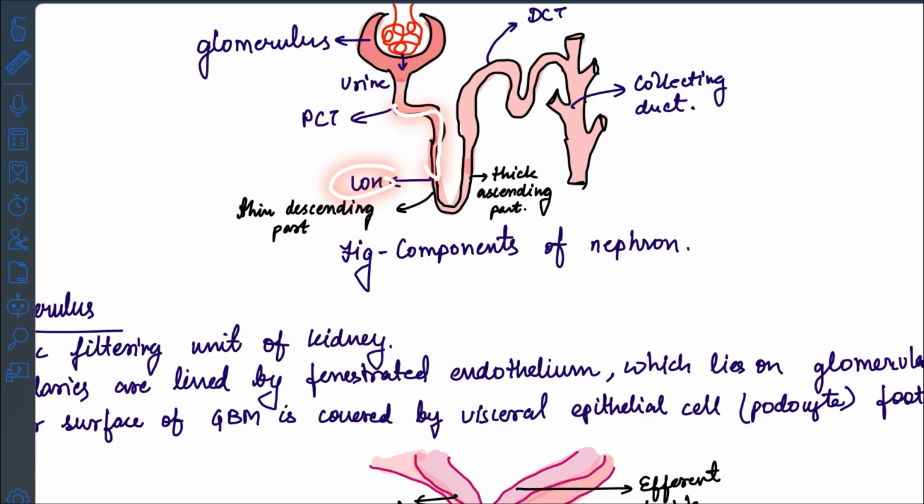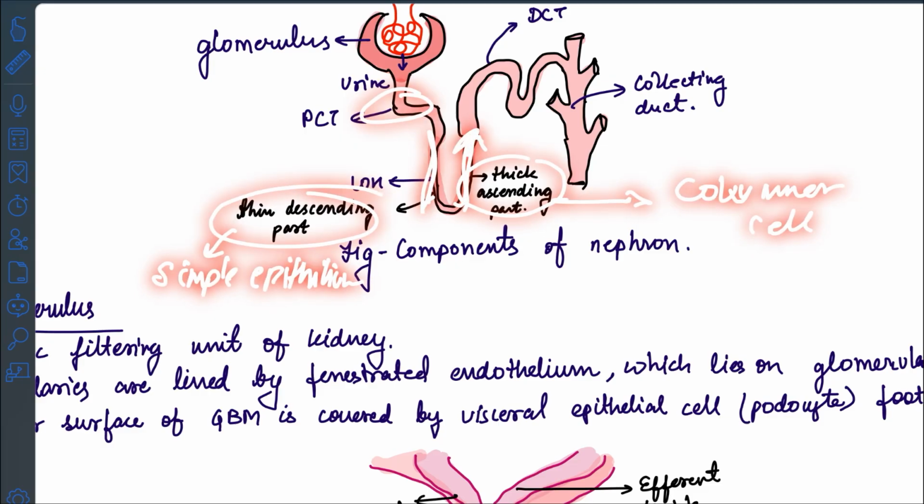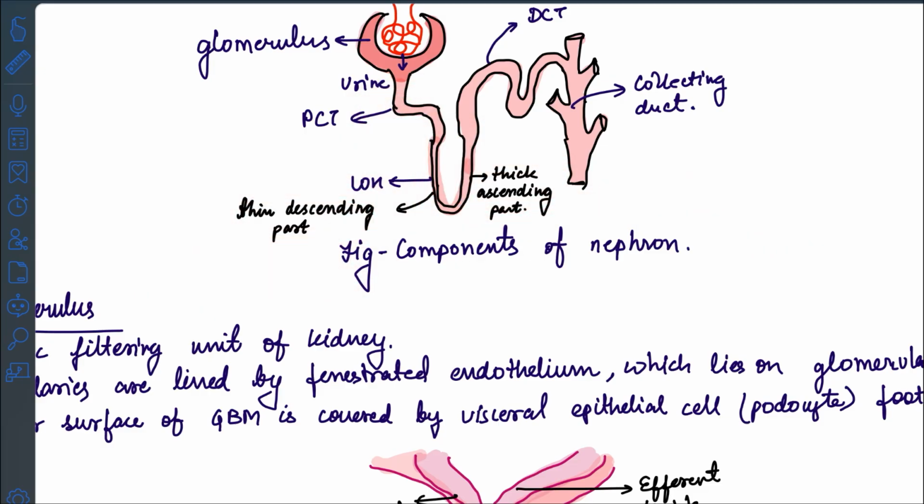Coming to loop of Henle, the PCT drains straight into it. The loop of Henle consists of thin and thick parts, as I said earlier. The descending part is lined by simple epithelium, whereas the ascending part is lined by columnar cells. So it is cuboidal epithelium, simple epithelium, and columnar epithelium, you can say.